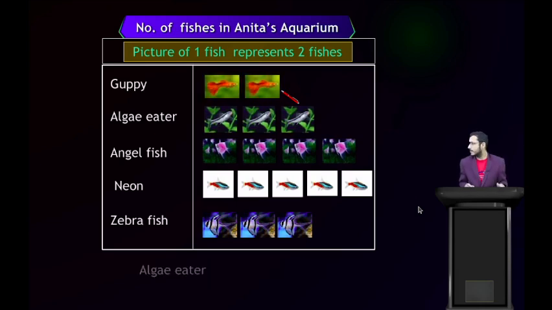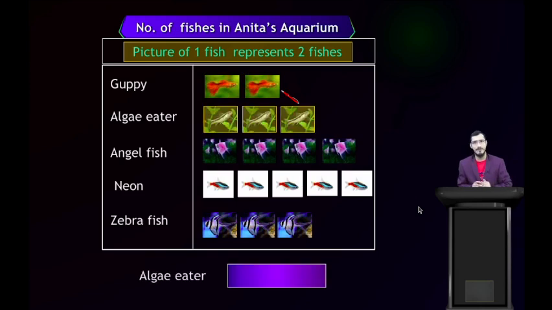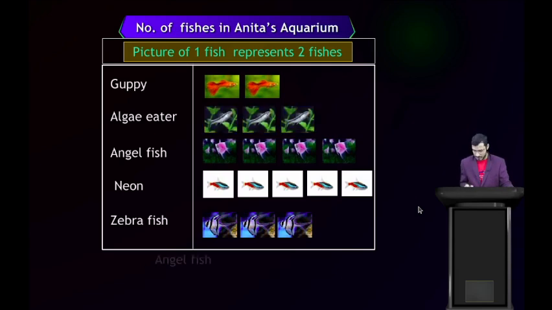Now algae eater, can you tell me the number of algae eaters? There are three pictures, and one picture represents two fishes. So 3 into 2, that is 6. The number of algae eaters is 6 here.